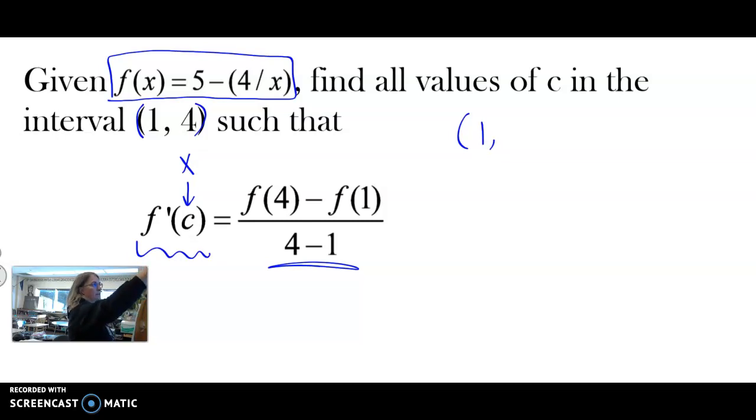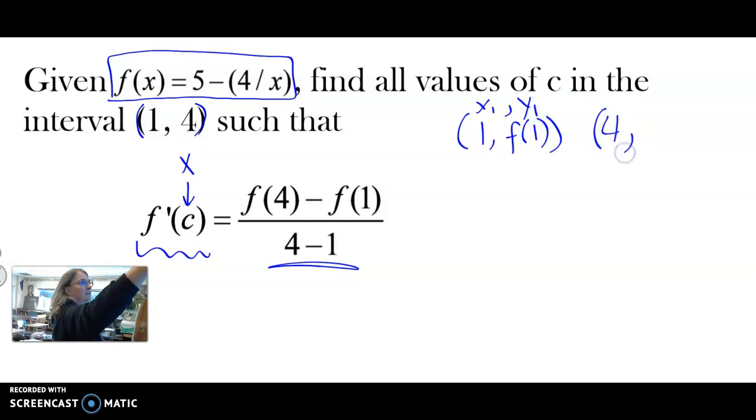when x is 1, so the y-coordinate associated with x equal to 1, we can call f of 1. And that's our y-coordinate, y1. And then we have another point, when the x value is 4, the y value is f of 4.